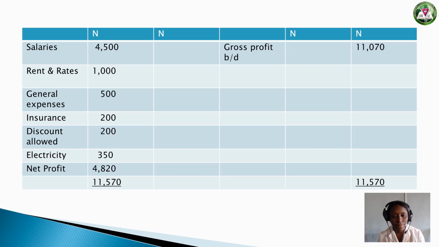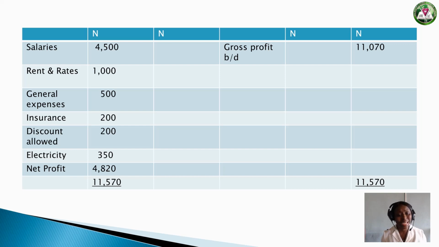And what is the name? Net profit. So when you add up everything again together with the expenses, in that 4,820, you will see that it will give you the same amount the right hand side gave you, which is 11,570.